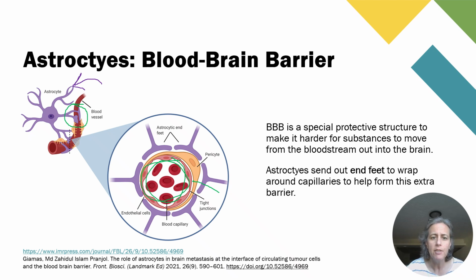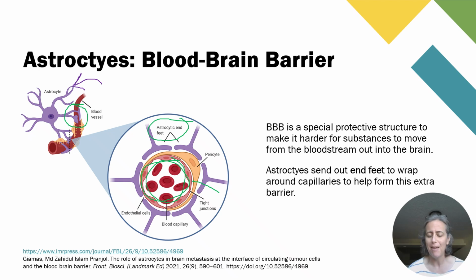And then you see these astrocytic end feet. So astrocytes send out these projections, and then they make this little foot shape, and it kind of forms an extra layer around the capillary to help protect the brain from things that might be in the circulatory system. Now, obviously, there are important things that need to move from the brain or from the circulatory system into the brain and vice versa.